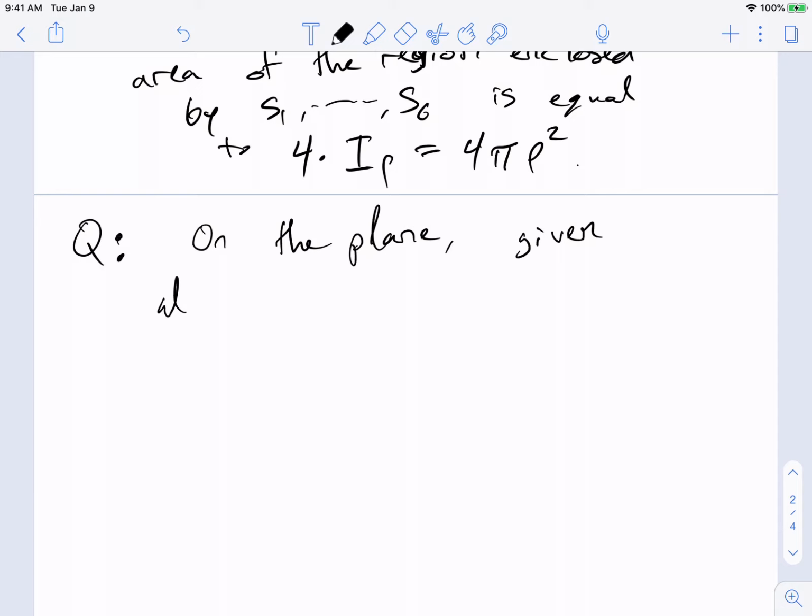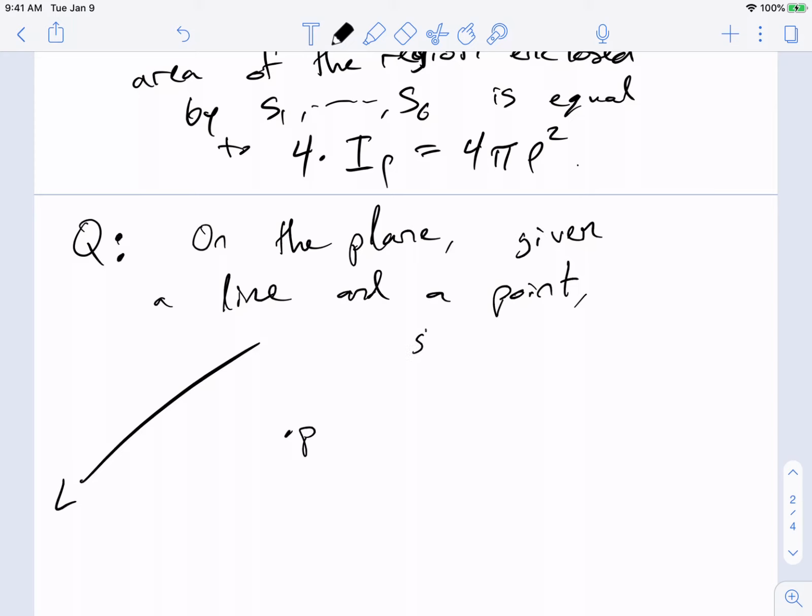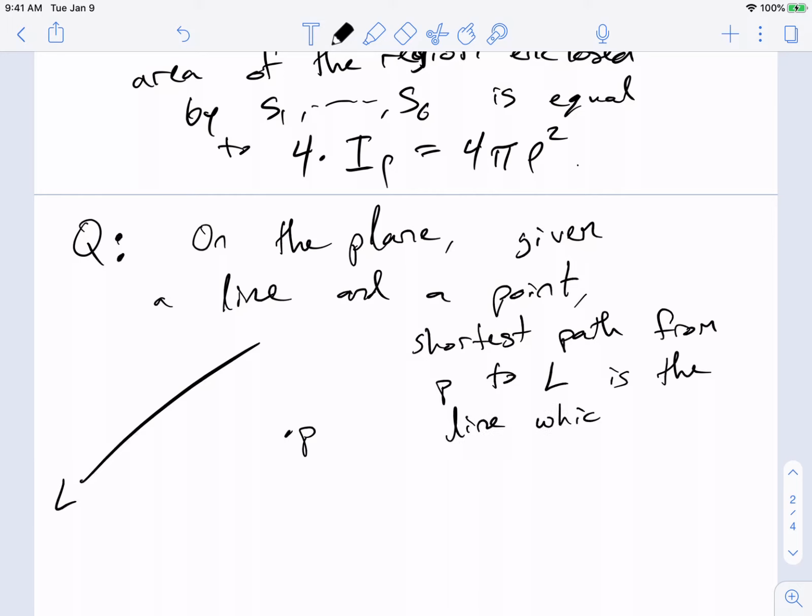Given a line and a point, so line L, point P, the shortest path from P to L is the line from P which intersects L at a 90-degree angle, or pi over 2.